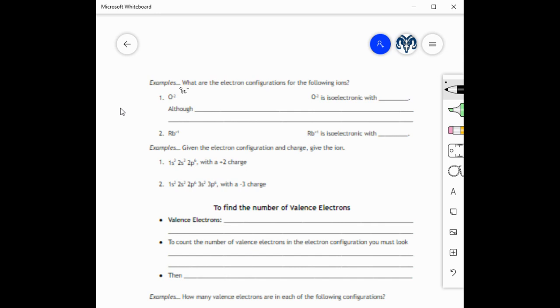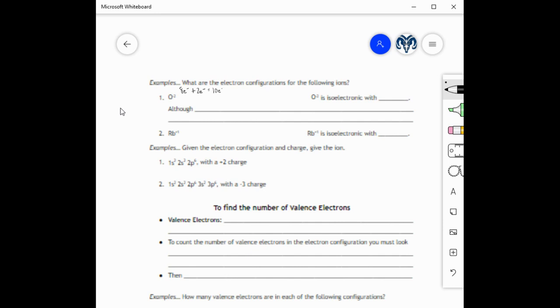So it's going to gain 2 more electrons, right? It's negative, so it's going to gain 2 electrons. So over here, I'm going to put plus 2 electrons equals 10 electrons.